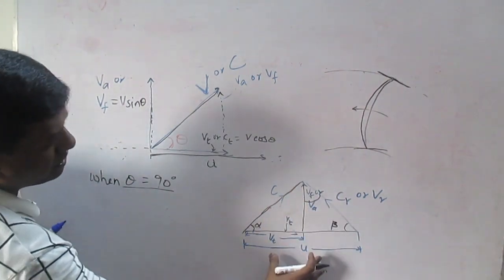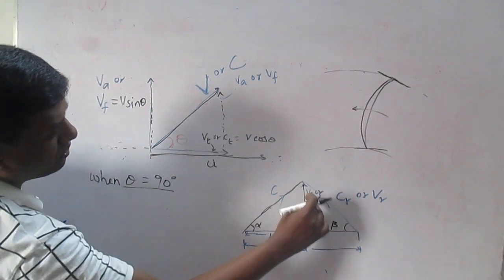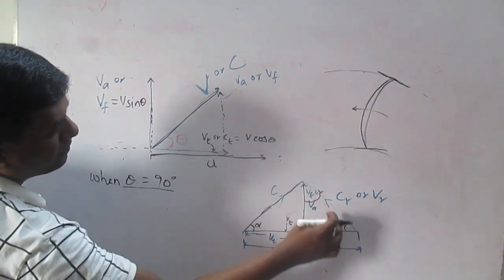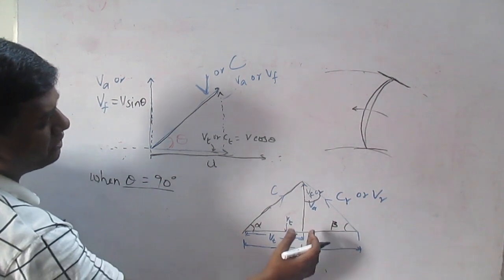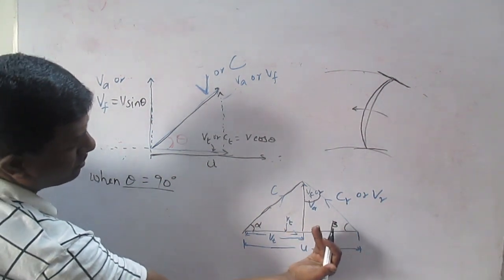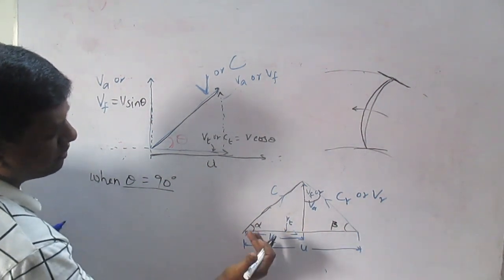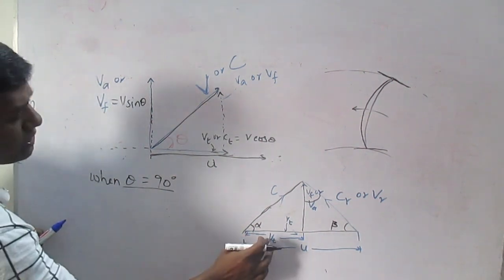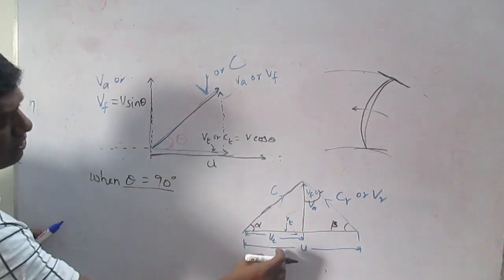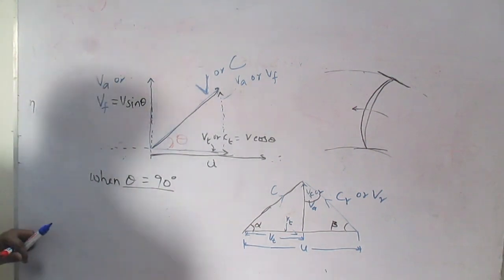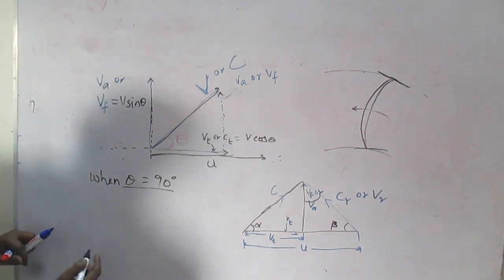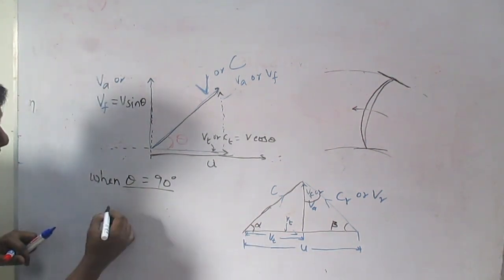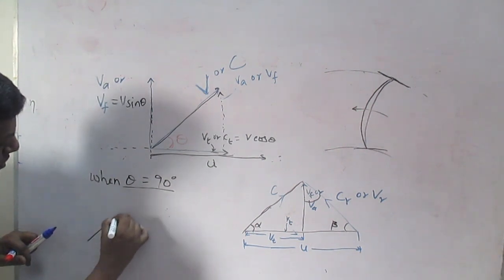So when this beta equals 90 degree, our tangential velocity component will be equal to this blade velocity. It means we can redraw this diagram like this.